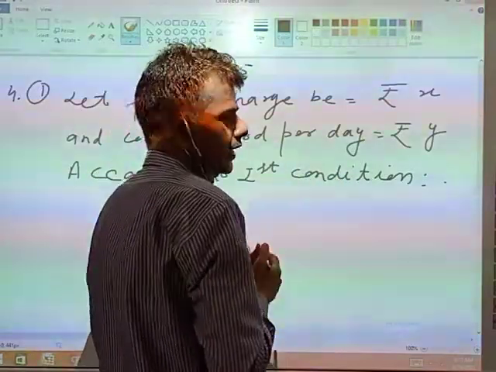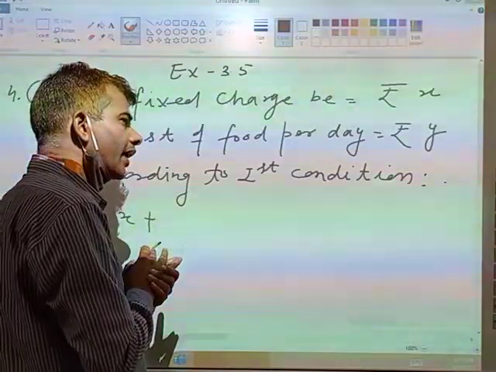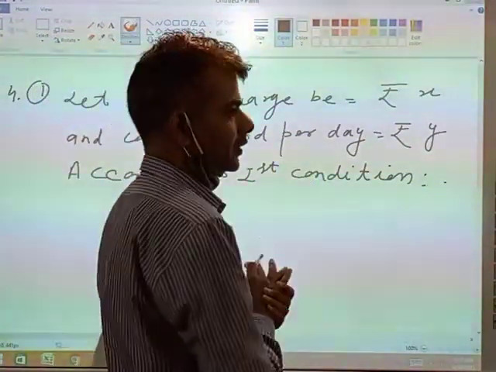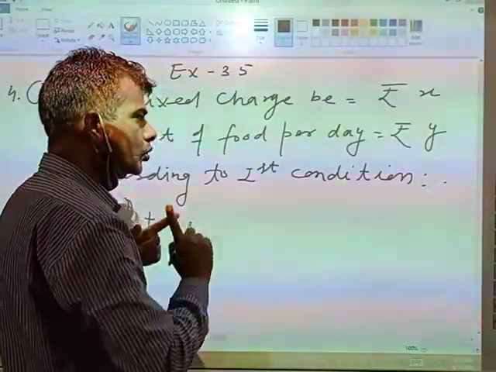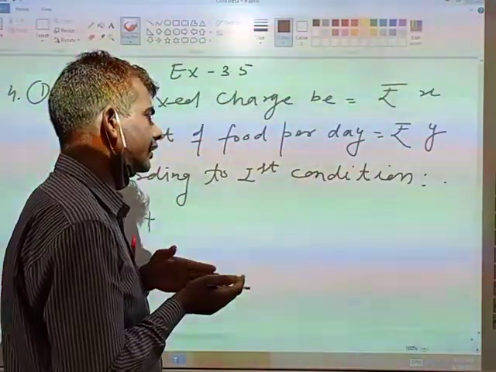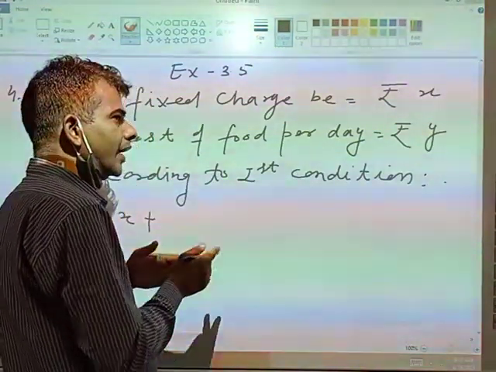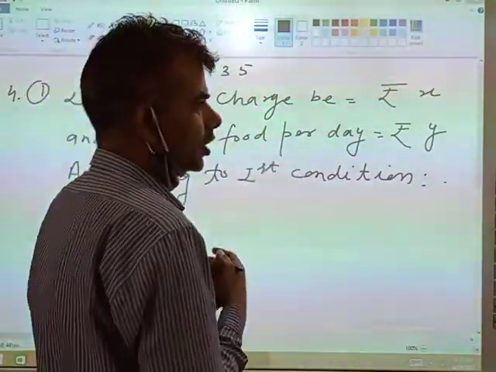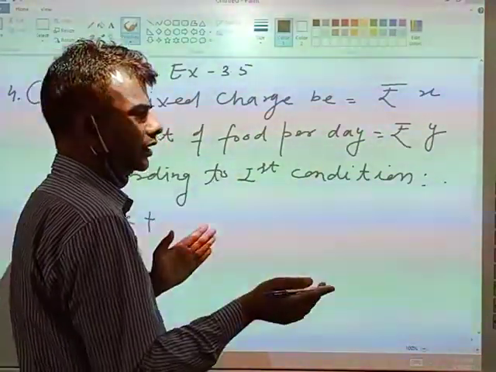You have to pay it. After that, you have to pay y rupees per day. For the first day you pay x plus y. For 2 days you pay x plus 2y. For 3 days you pay x plus 3y.